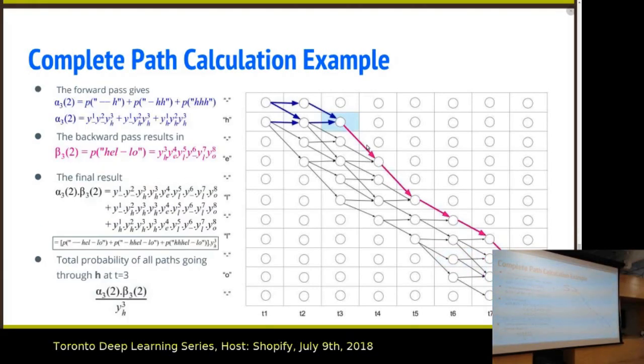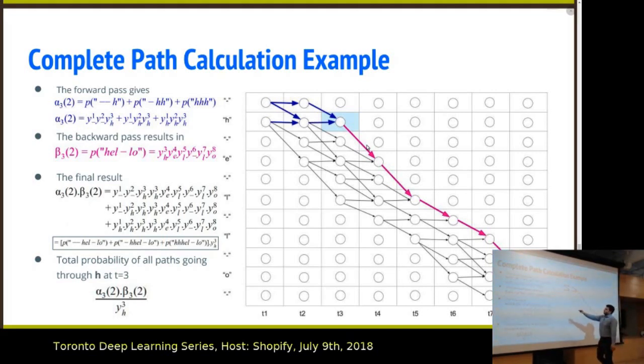Let's look at an example where we have computed the alpha and the beta together. Let's say we would like to take time step 3 and token H. We can see that there are 3 paths that get us there: blank blank H, blank HH, and HHH.